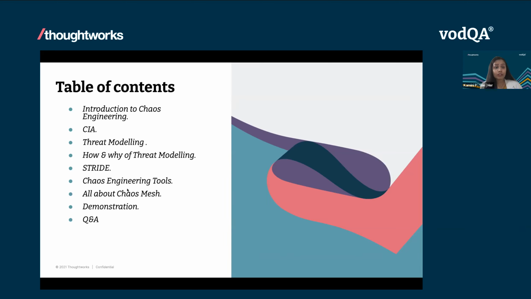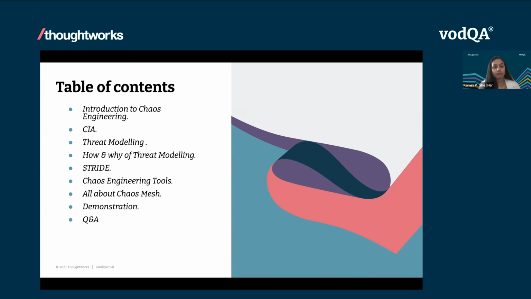We'll also talk about various Chaos Engineering tools available in the market today. Then Ritu will help us understand Chaos Mesh and the demo part. In the later half, we'll talk about the demonstration, followed by Q&A sessions. So this is what we are expecting from the next 1.5 hours.